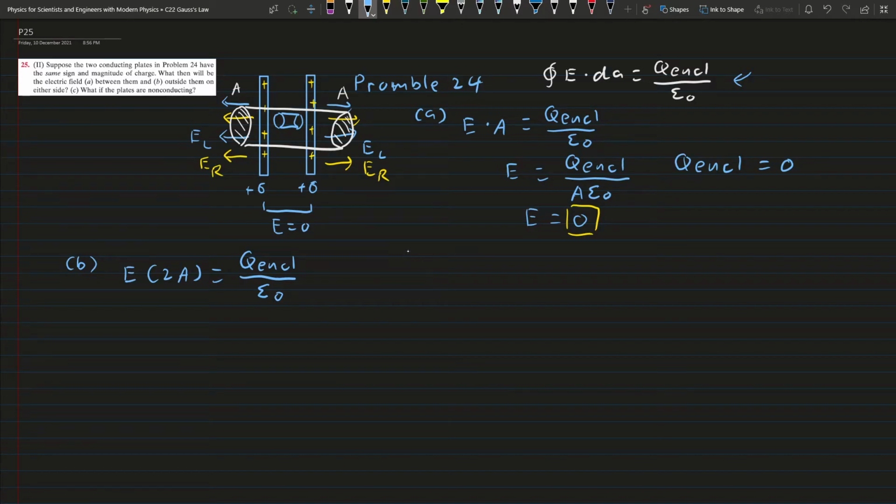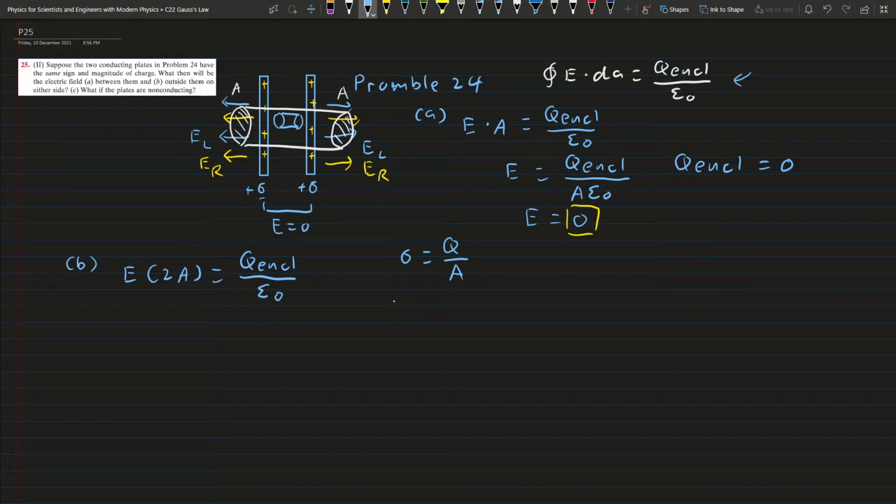Now we know the charge density is defined by charge Q over A, right? But you have to be careful here. You can see actually we enclose the charge from these two plates, which have two charge density sigma.